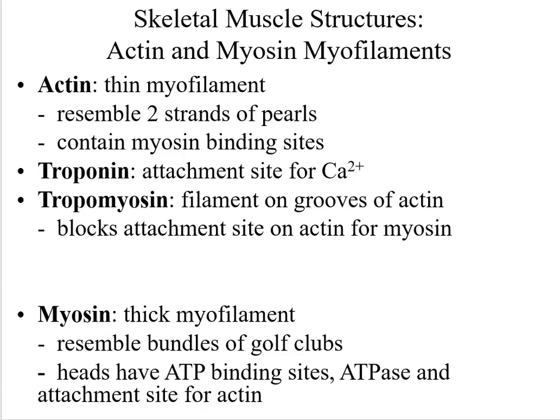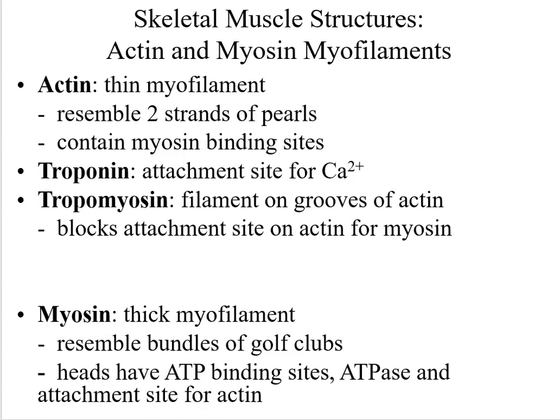Troponin contains an attachment site for calcium ions. When calcium ions are present, they will bind to this attachment site and change the shape or configuration of troponin. So it has one shape when there's no calcium attached to it, and a different shape when calcium is there.